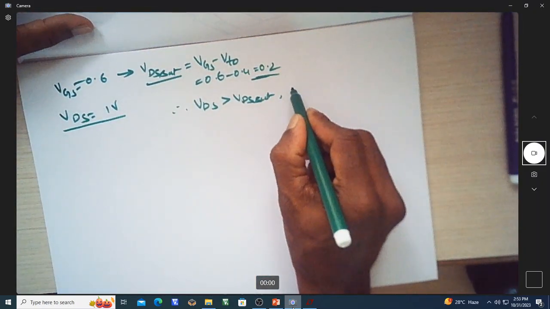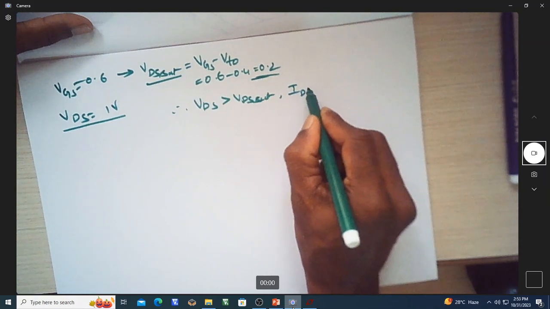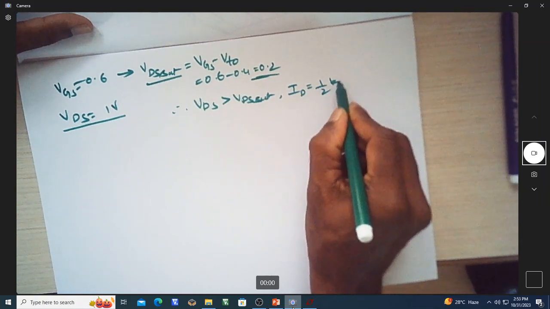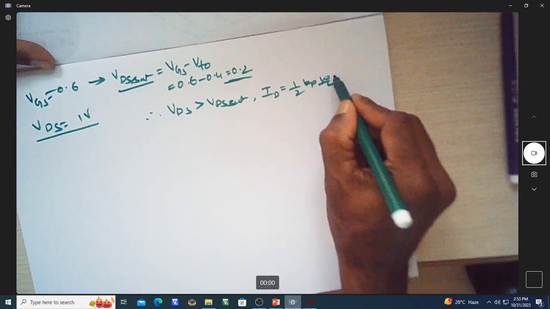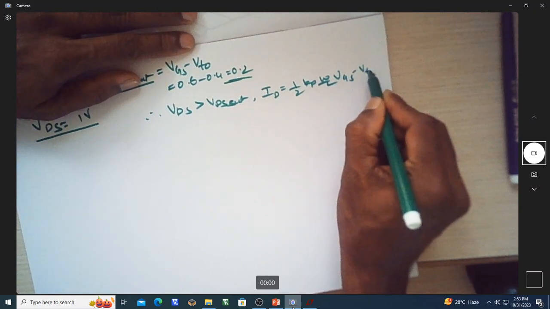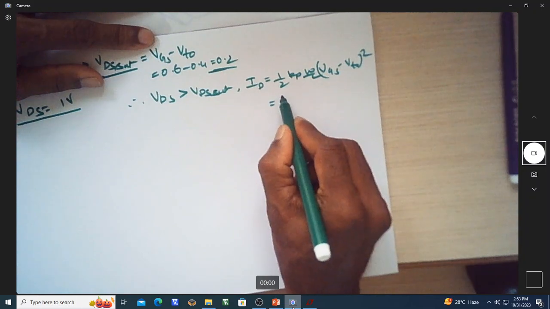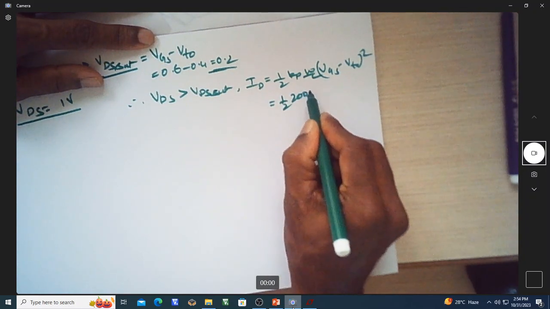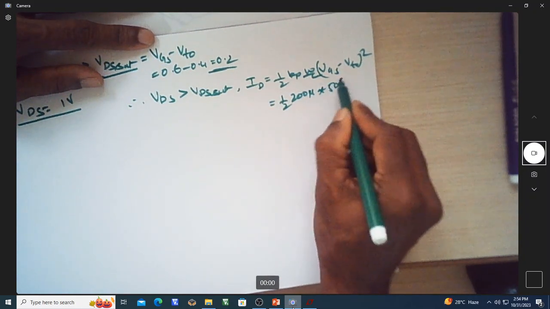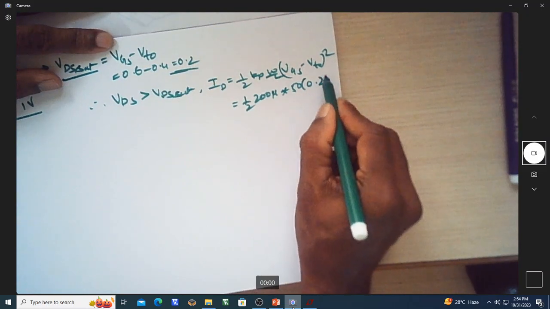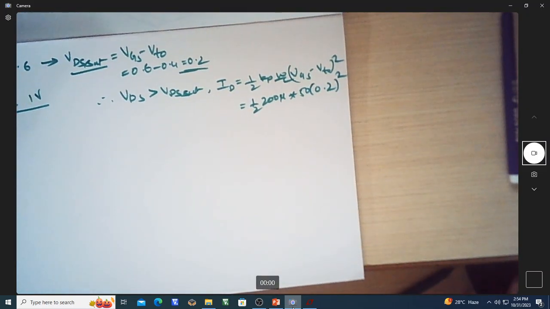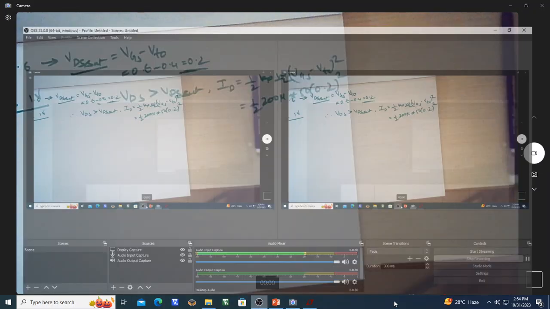So I have to get a current ID equal to half Kp W by L times VGS minus VTO whole square. So this is half into 200 micro into 50 into 0.2 whole square. This is the current I'm expecting. Just give me a minute, I'll calculate and then let you know.